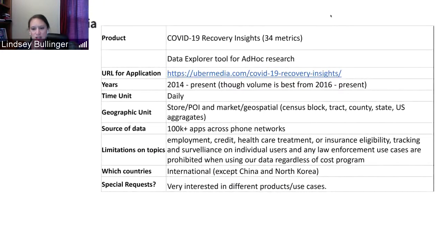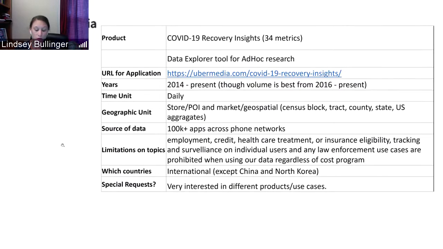They were really trying to understand whether different advertisements or different campaigns were effective at getting people to visit stores, for example. And so their geographic unit is the store or the point of interest, or a market, which is based off of basically neighborhoods.